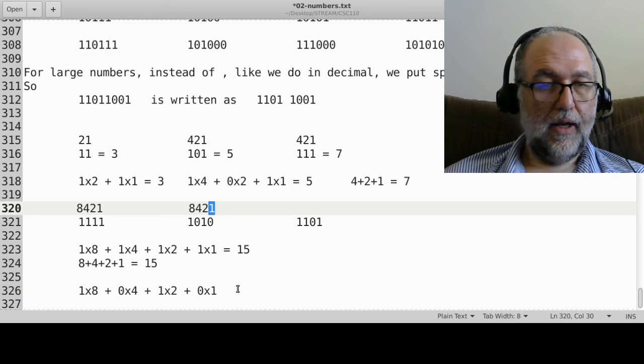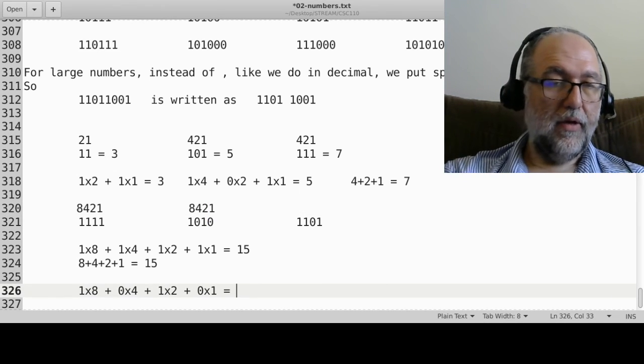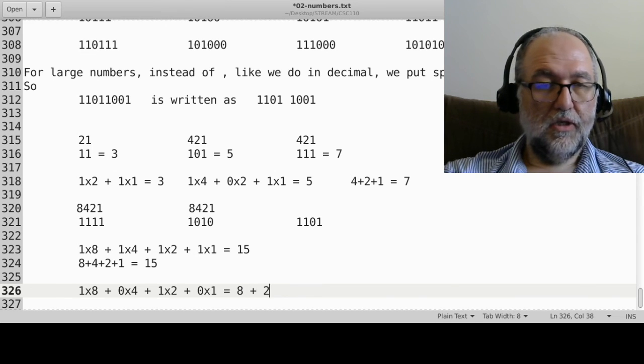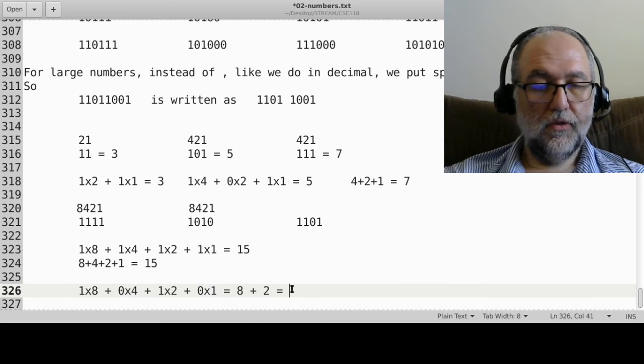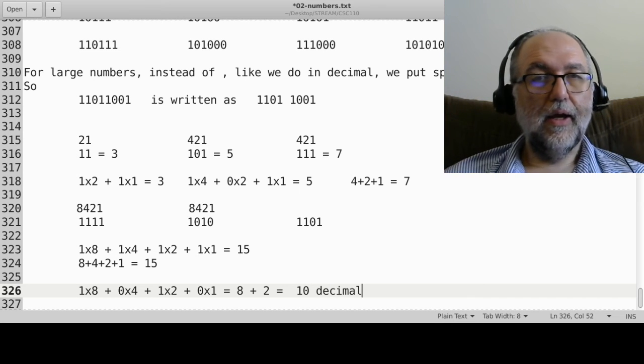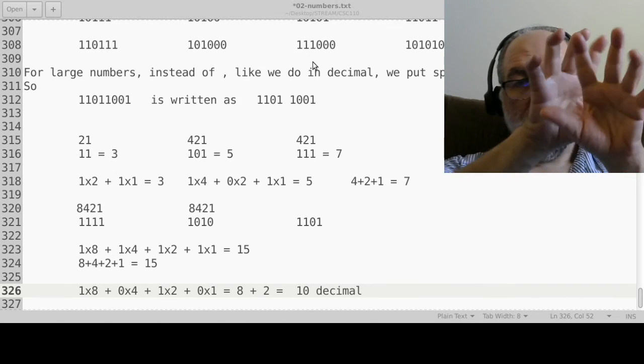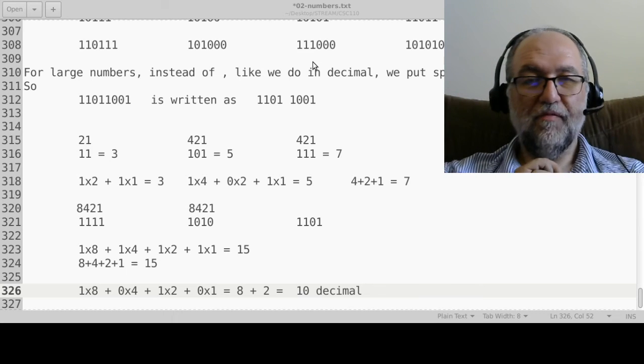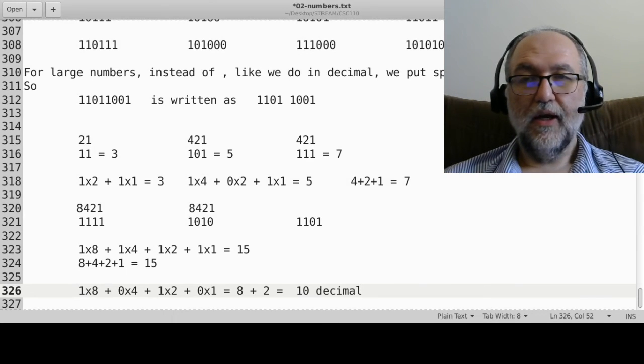If I add them all together, that's an 8 plus a 2, because 0 times 4 is 0, and 0 times 1 is 0, and that's equal to 10. Okay, that's 10, but careful, that's decimal 10. So that is this many fingers, my full complement of fingers. All right, there we go.